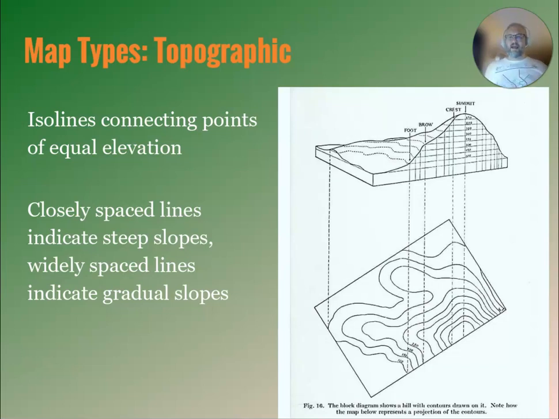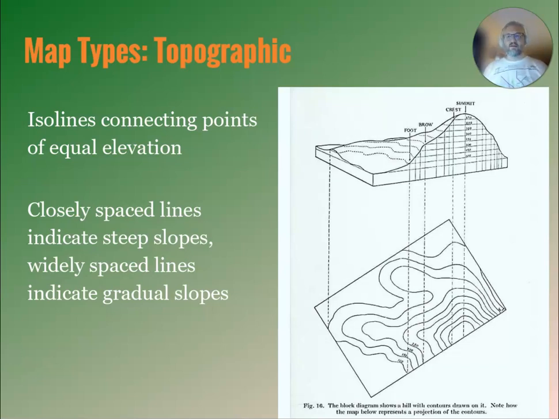So if you're making a topographic map like this, you're drawing these lines of constant elevation. You'll find that sometimes they're closely squished together, other times they're spaced wider apart. And that's going to show you how steep the slope is at that location. So if you have very closely spaced lines, what that means is over a certain horizontal distance, you're going up or down by a lot of units of elevation.